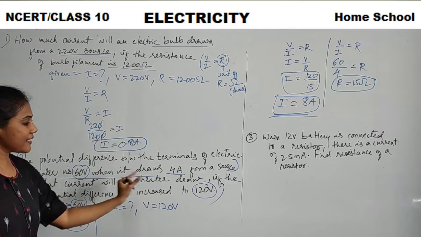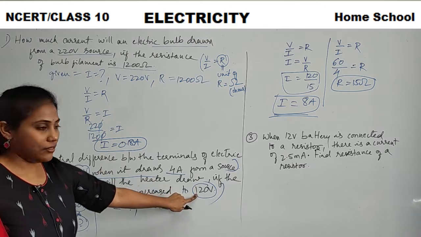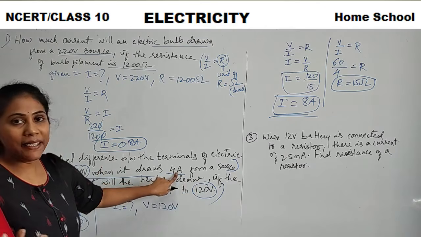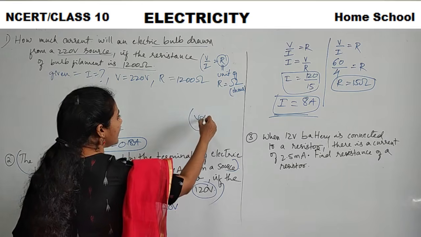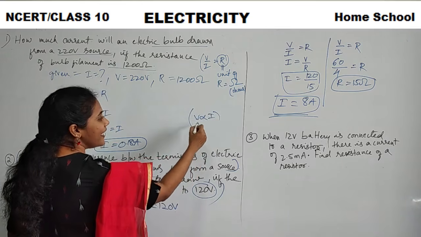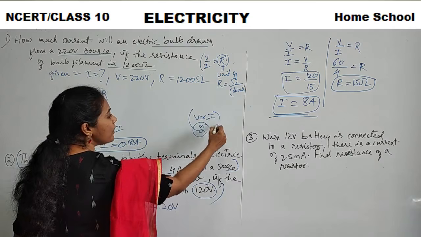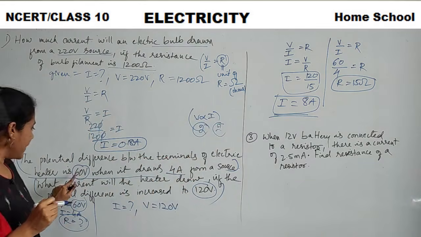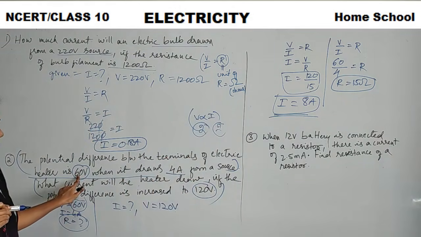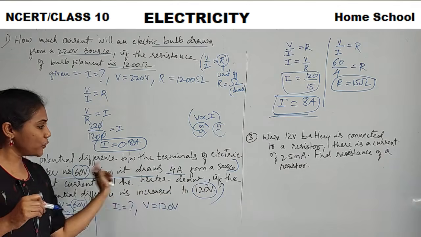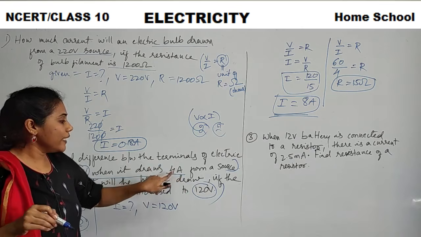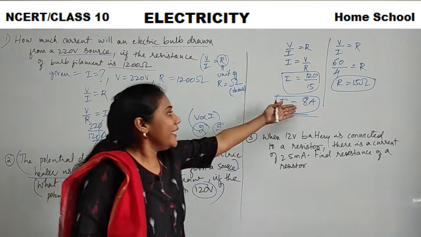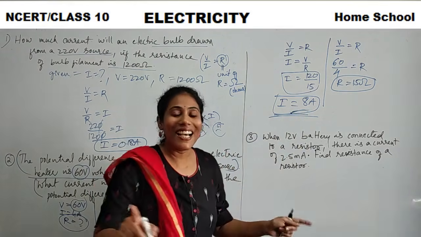Voltage is exactly increased to double, and current also will be increased to double, because according to Ohm's law, V is directly proportional to I. If V has increased 2 times, current also will increase 2 times, no? Voltage has increased from 60 to 120. That means voltage is increased 2 times. Then current also will increase 2 times. 2 times of 4 is what? 8. So 8 amperes, directly you can tell the answer.